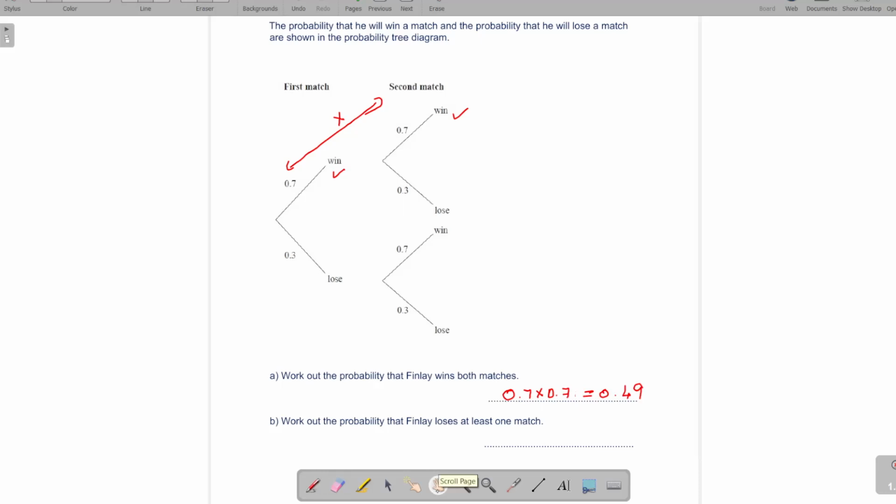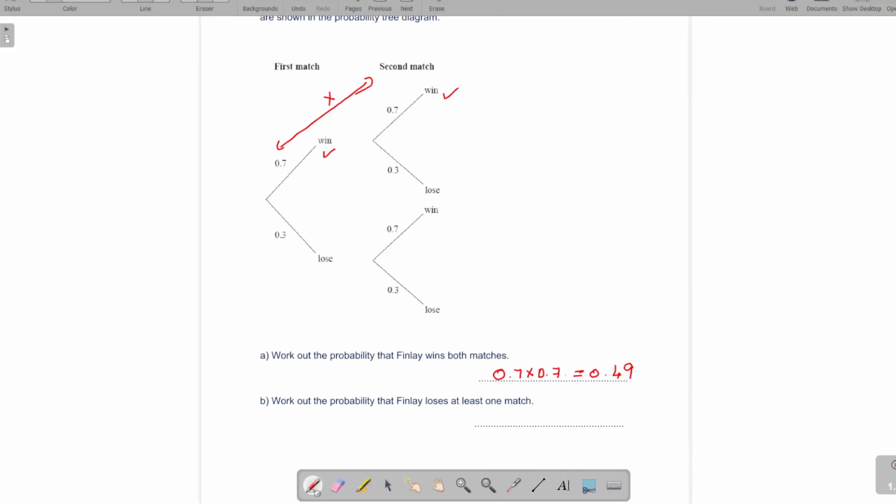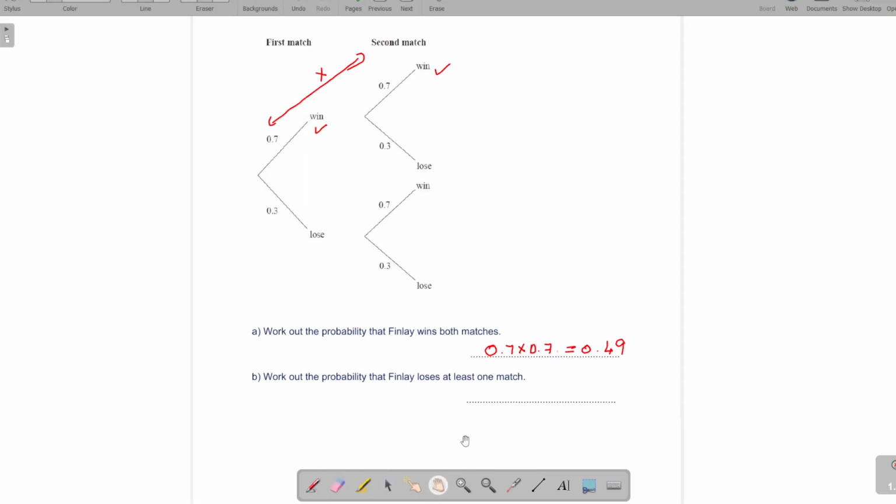Work out the probability that Finlay loses at least one match. So at least one match means he could lose both matches as well. So the possibilities are win and lose, lose and win, or lose and lose.